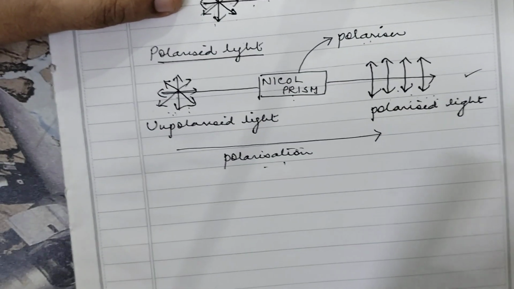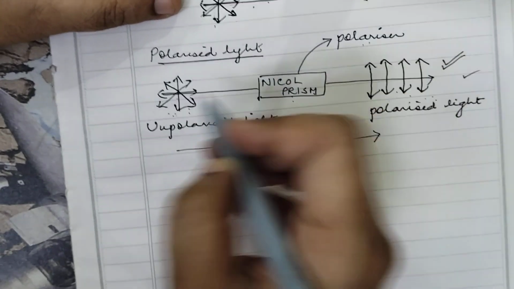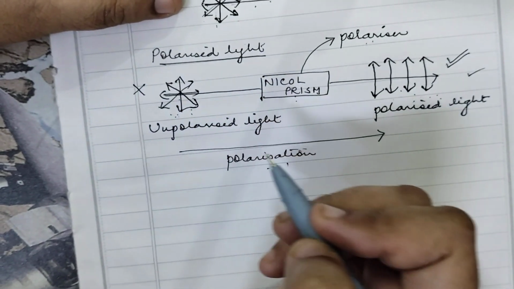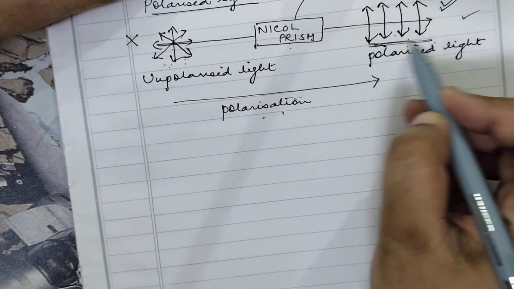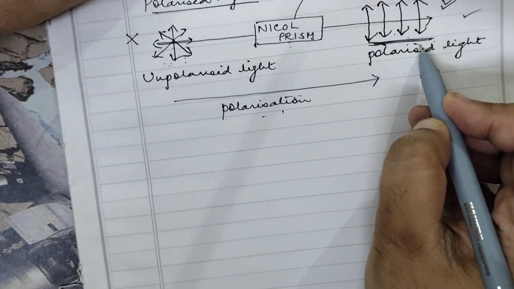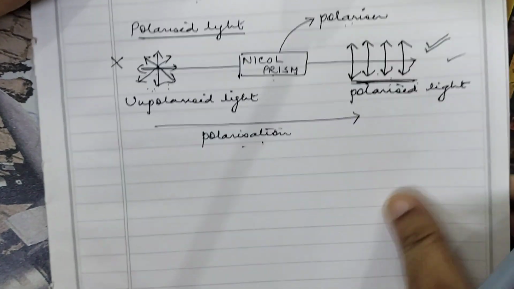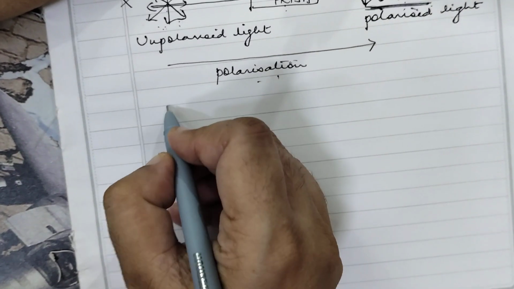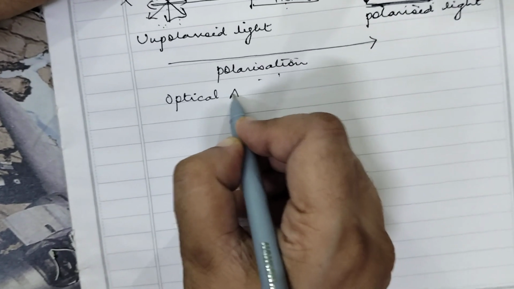So in optical isomerism, we have to deal with polarized light and we have nothing to do with the unpolarized light, right? So polarized light is the main concern, which will relate to the further topic, optical activity. Now, after understanding these terms, let us understand optical activity.